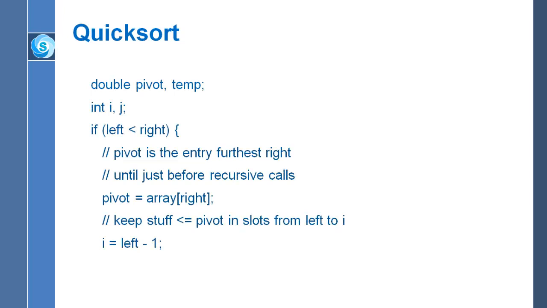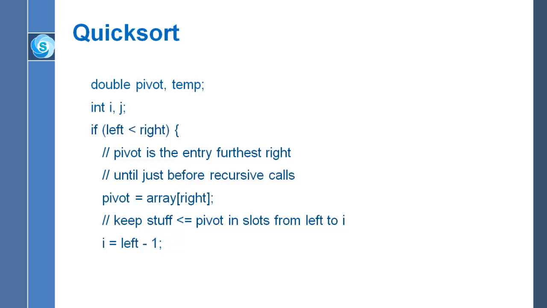All right, we're going to start looking at the details of the 3-parameter recursive Quicksort function now. This begins with the declaration of a few local variables, and we see that 2 of these local variables are of type double, because I've written this code to sort an array of doubles.